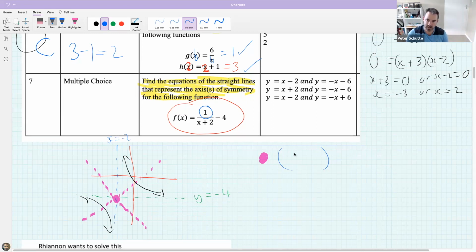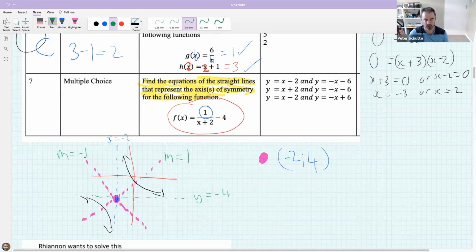So I look at it's in line with minus 2, and it is in line with minus 4. So this pink point is on each of the axis of symmetry. Now, there's something else that is awesome. The axis of symmetry of a hyperbola will always have 2, and the one will have a gradient of +1, and the other will have a gradient of -1.